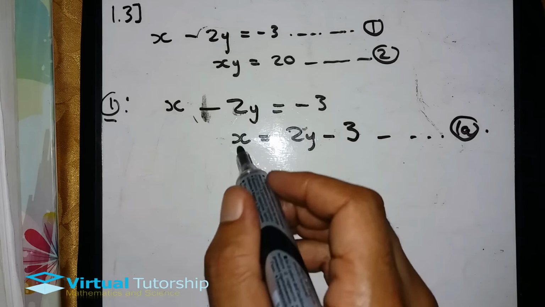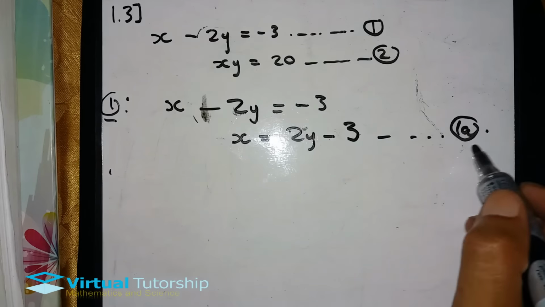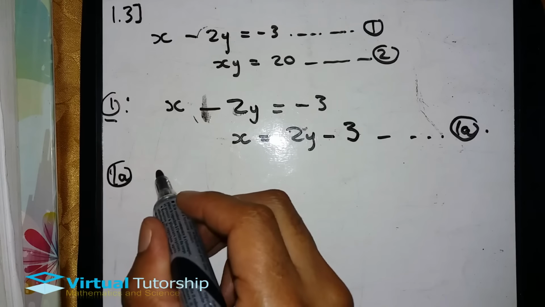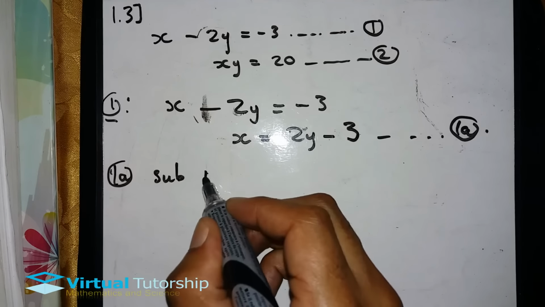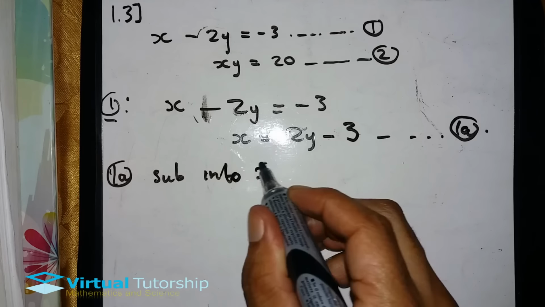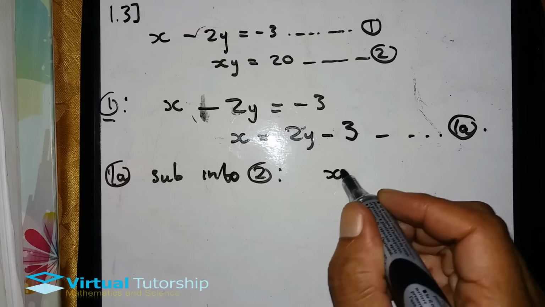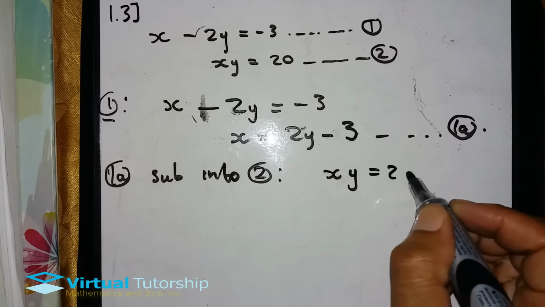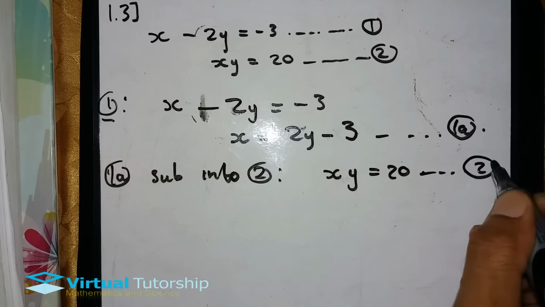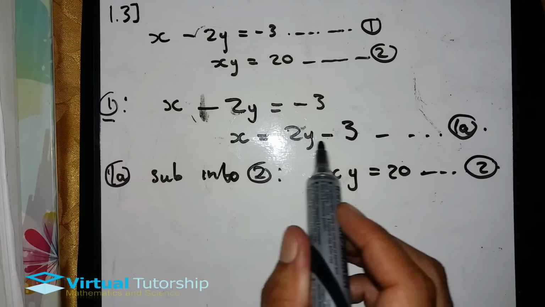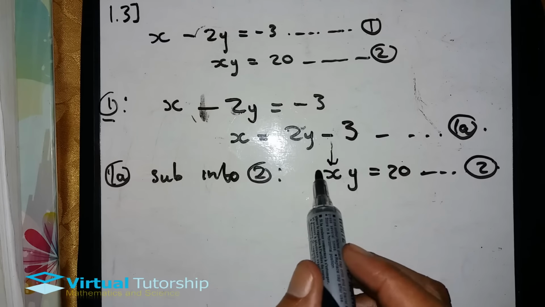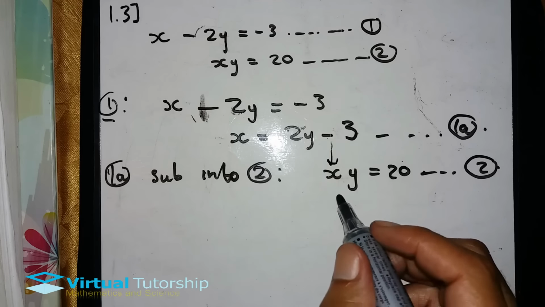Then I will take equation 1a and substitute it into equation 2. So this is the second equation, xy is equal to 20. This is equation 2. So where there is x, replace this x with this expression.